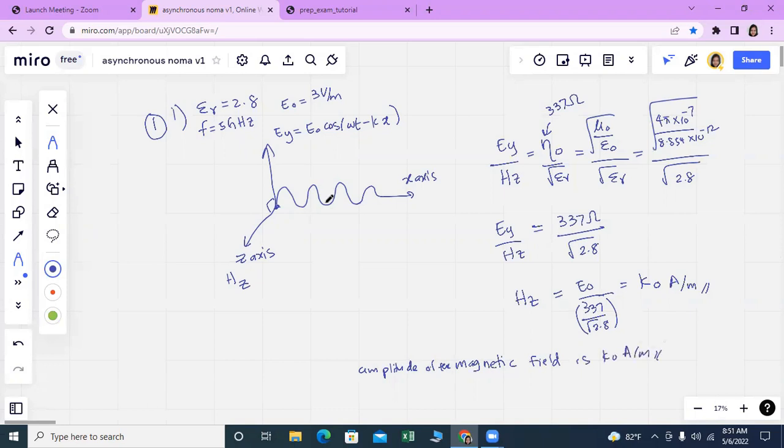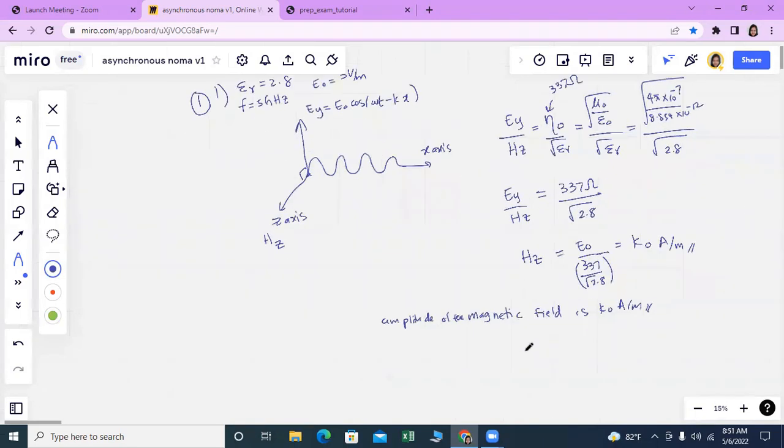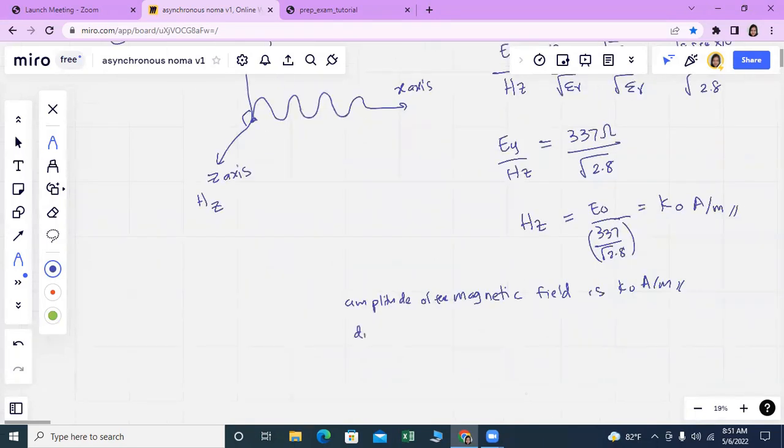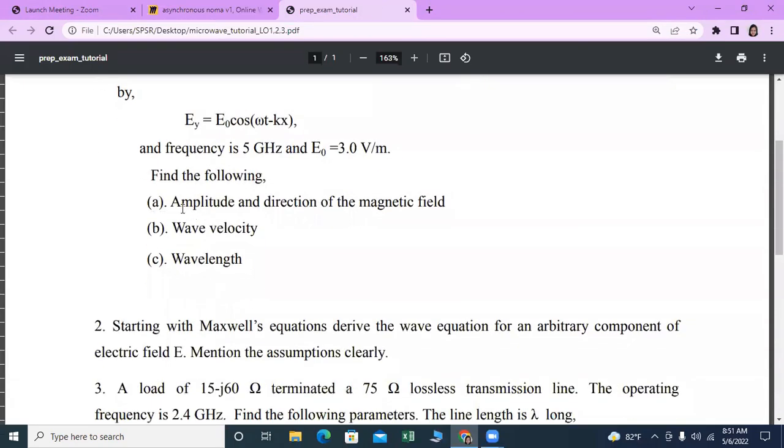You have to find what H naught is and substitute, and then you can write the direction of the magnetic field, which is along the x-axis, sorry, the z-axis. So we have done the first part of the first question.